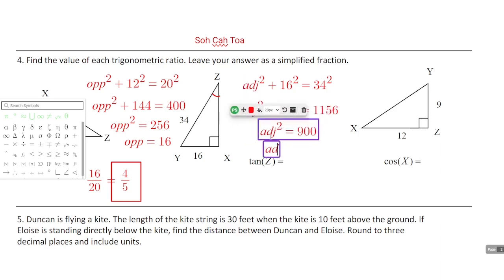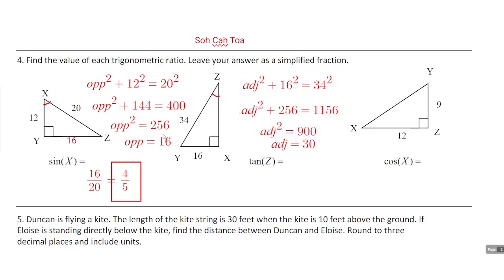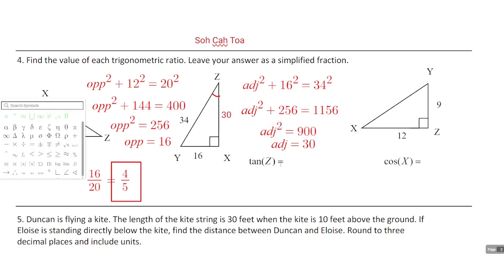So that's your adjacent side. All right, so tangent is going to be opposite over adjacent. The opposite is 16, the adjacent is 30. So this would be 16 over 30, and that can be reduced. Both of these are divisible by 2, so this is going to be 8 over 15.